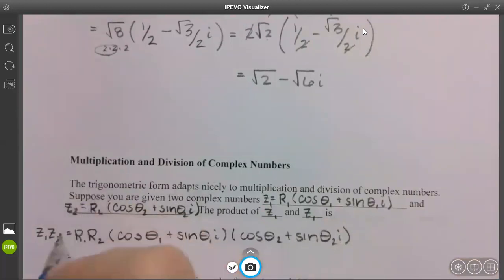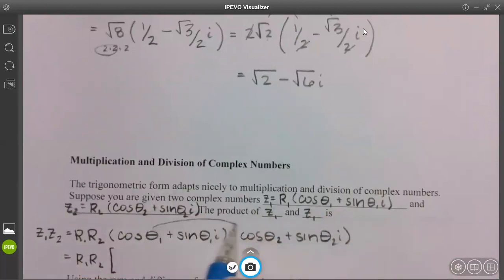When you multiply that together, when we distribute, we got cosine theta 1 cosine theta 2.